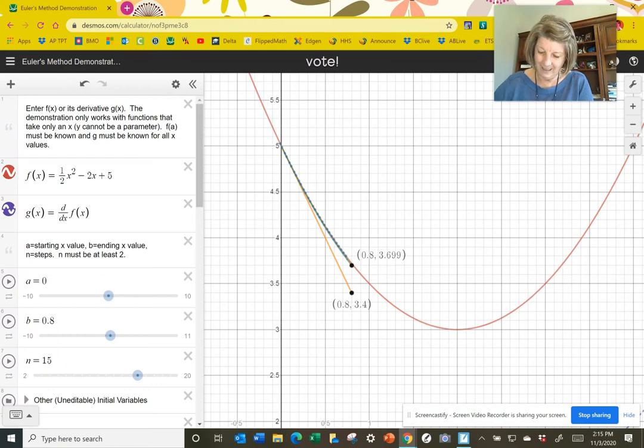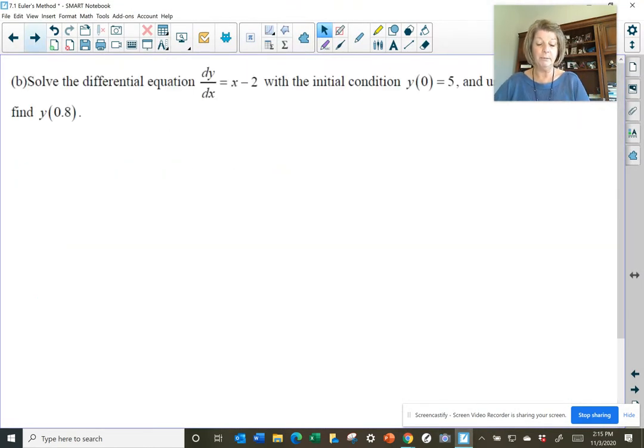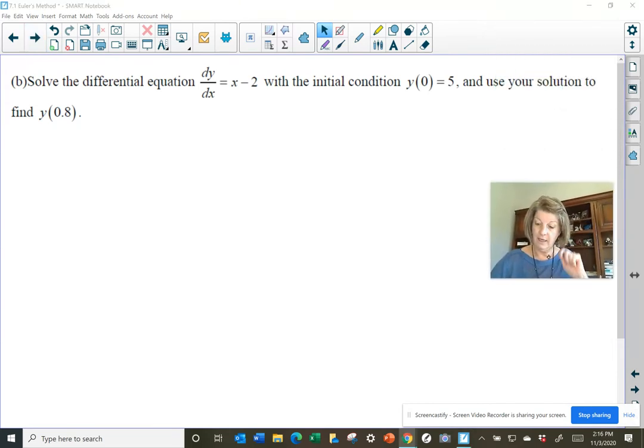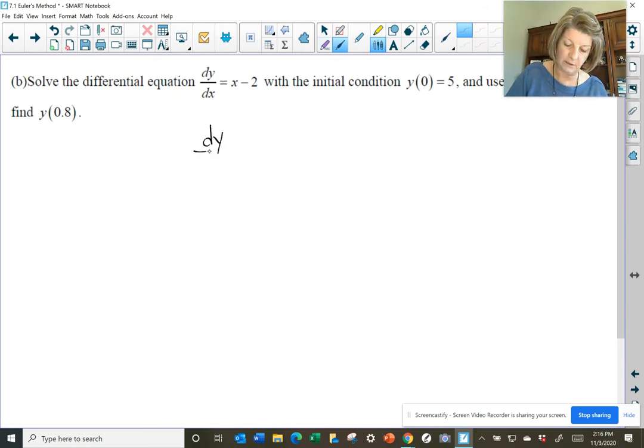All right, back to our problems here. Let's go. Part B, solve the differential equation with the initial condition (0, 5) and use the solution to find the y of 0.8. Let's do it. This is just a practice on separable differential equations. This looks like it's going to be a nice, easy one.